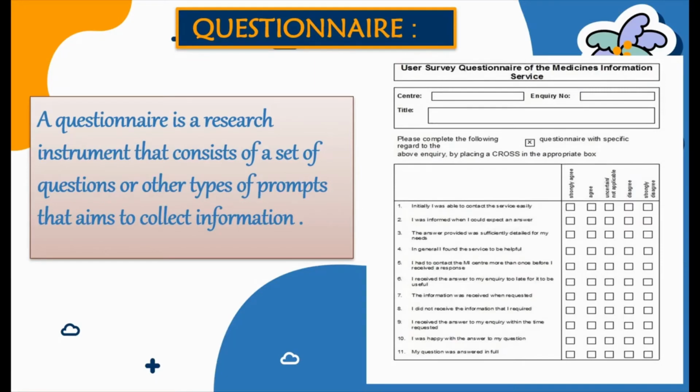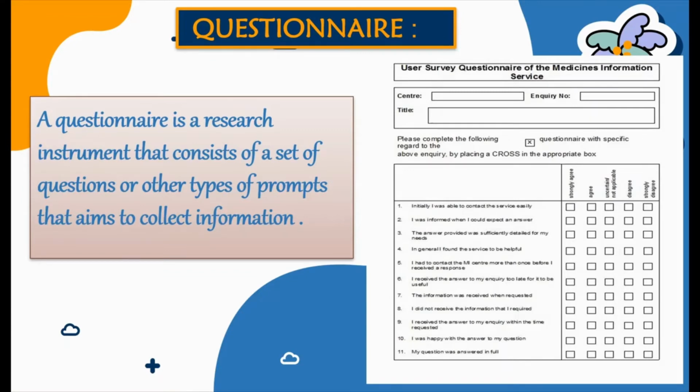Now students, let us understand what is a questionnaire. A questionnaire is a set of printed or written questions with a choice of answers devised for the purpose of survey or statistical study. A questionnaire is a research instrument consisting of a series of questions for the purpose of gathering information.